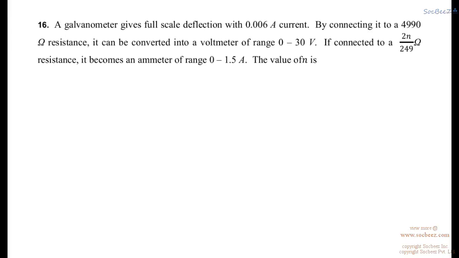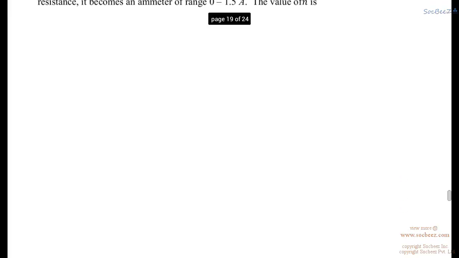The value of n is, well, a galvanometer gives full scale deflection with 0.006 ampere current by connecting it to a 4990 ohm resistance. It can be converted into a voltmeter of range 0 to 30 volt. If connected to a 2n upon 249 ohm resistance, it becomes an ammeter of range 0 to 1.5 ampere.